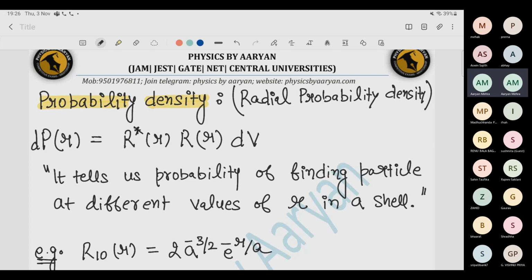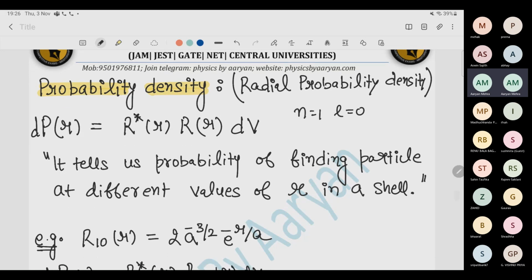So if you plot probability versus your r or theta or any space parameter, then you start getting clouds. For some shells, for example n equals 1 and l equals 0, if you remember, can you tell me what will be the shape of the cloud?